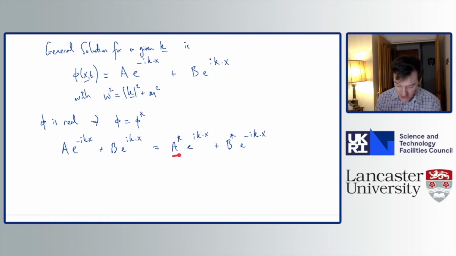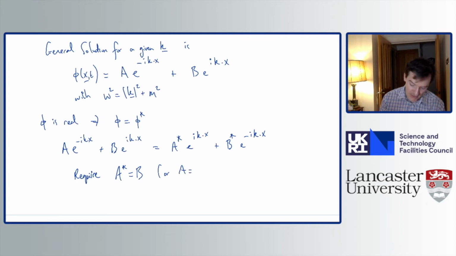So we need to ensure that this coefficient a star equals b, or alternatively that a is equal to b star. To be real, we require a star equals b. Or obviously then a equals b star. Okay, we get the same condition.